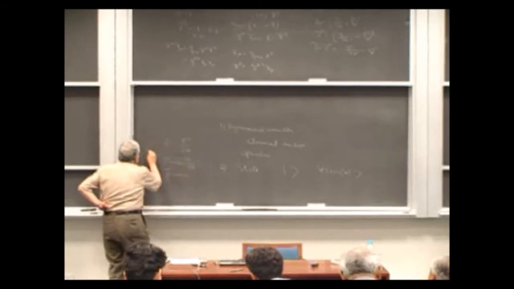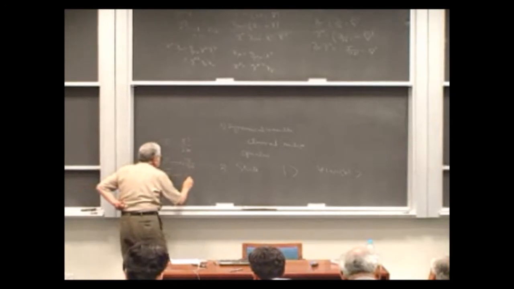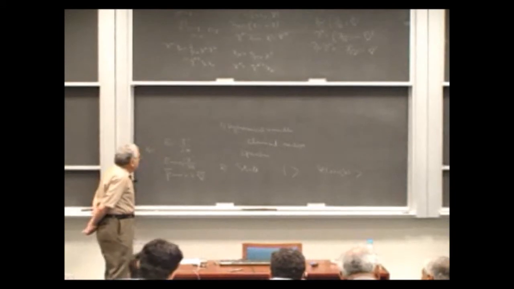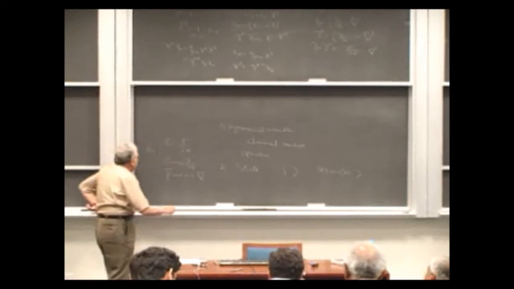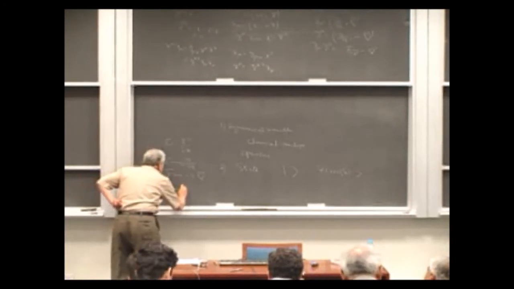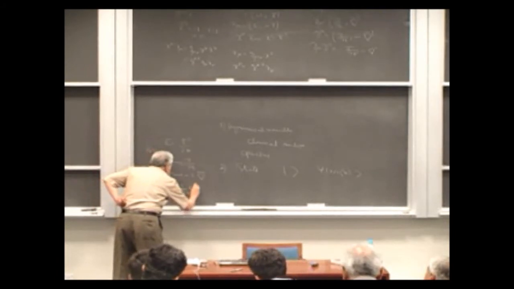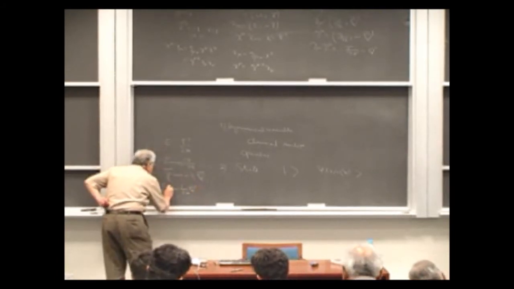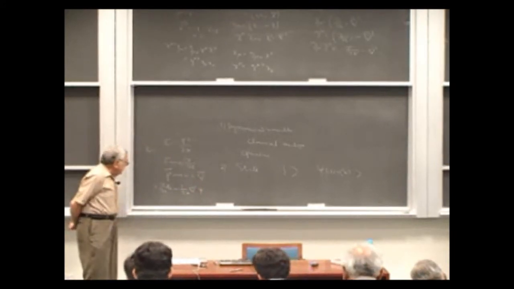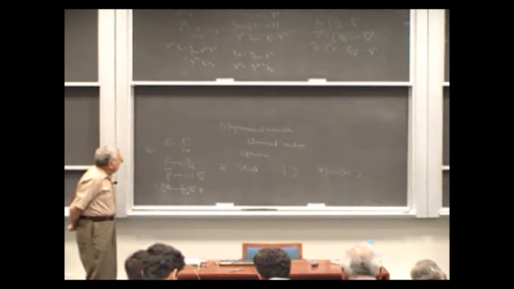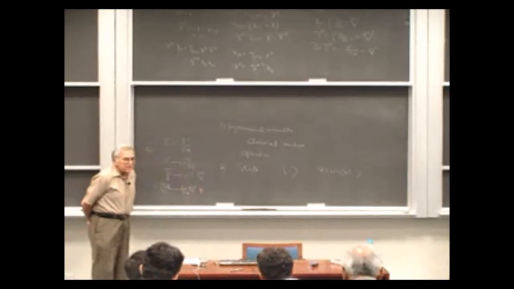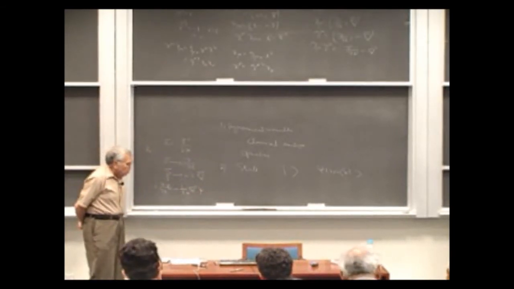Substituting here, you get the free particle Schrödinger equation, acting on some state function. And if you put in the potential energy, you get the Schrödinger equation with a potential.